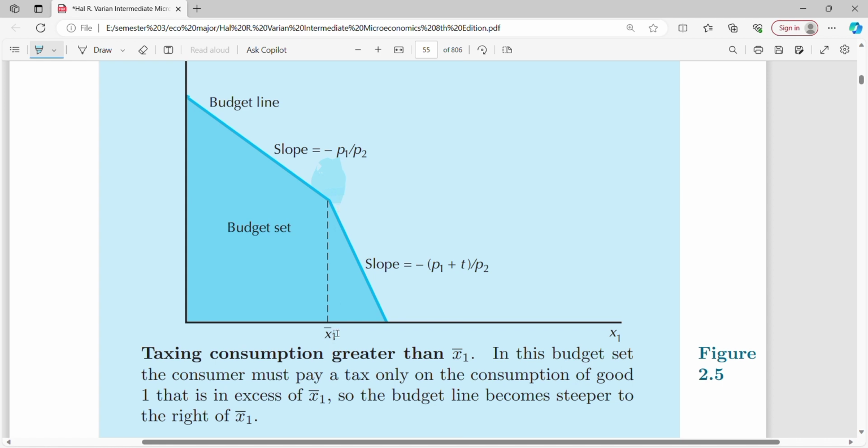But after the rationed quantity, X1 bar, he is allowed to consume but with extra taxes. So till here the price is P1, but here the price will be P1 plus T. As the price increased, we know if the price of a good increases, the budget line becomes steeper. So this becomes steeper. That's it.